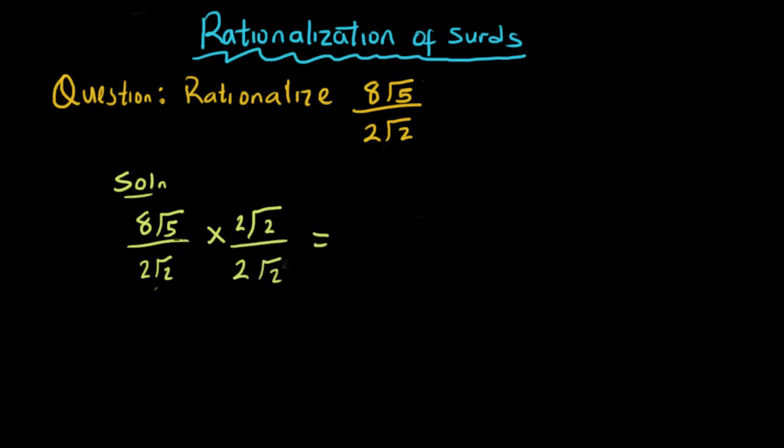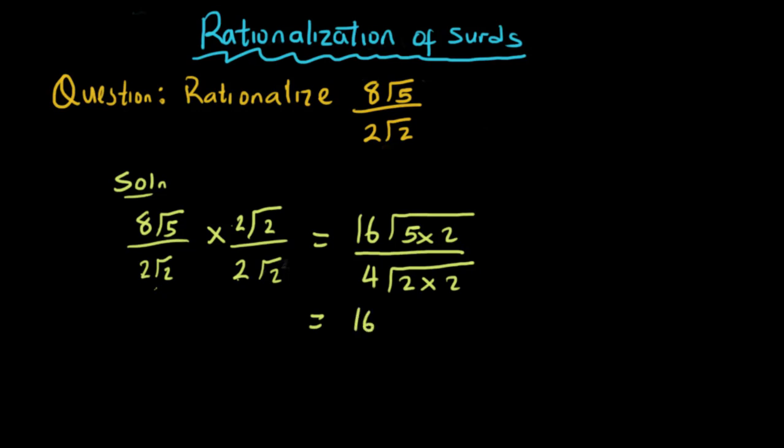Now 8 root 5 times 2 root 2: we have 8 times 2, which is 16, then root 5 times 2, which is root 10. Then all over 2 times 2, which is 4, then root 2 times 2, which is root 4.